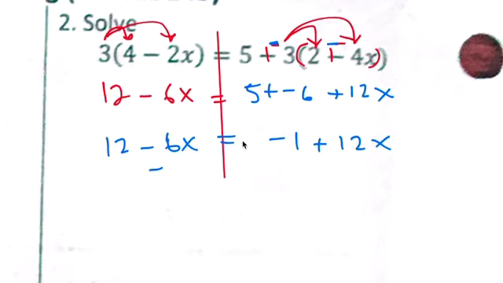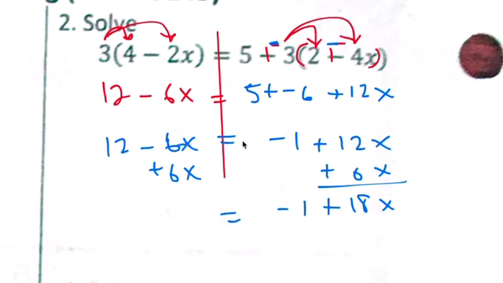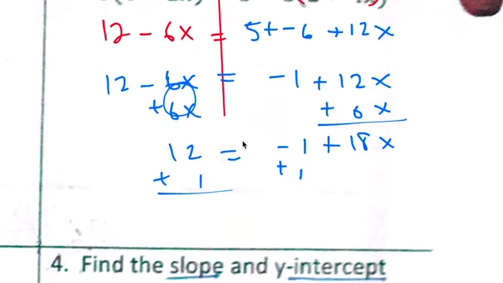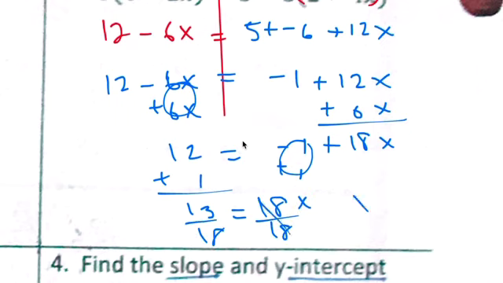Okay, add 6x, 18x, equals 18x, divide by 18, 13 over 18.